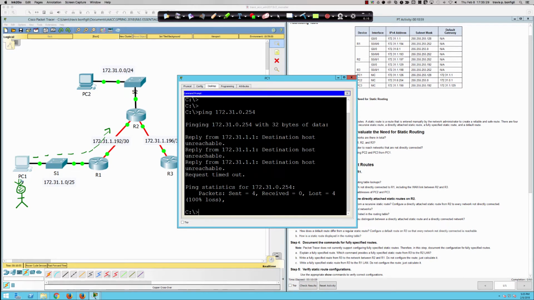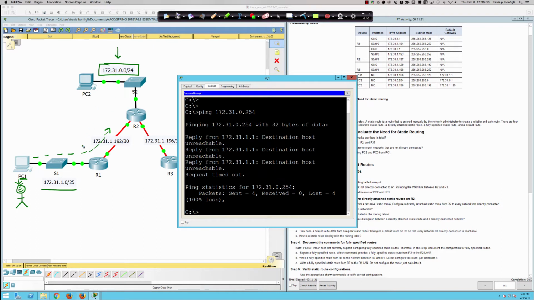172.31.0.254. PC1 looks at the networks that it knows about. And PC1 says, yeah, hey, I know about that network right there because it's configured, because I have an IP on this network, and I have a subnet mask configured on this network. But I don't know about that network. And so what does PC1 do with the traffic? Exactly. He says, I don't have a network that I know about in my network table, so I don't know how to get here.